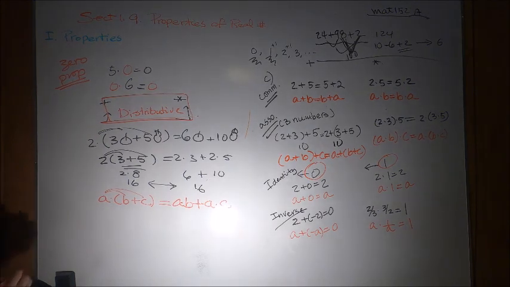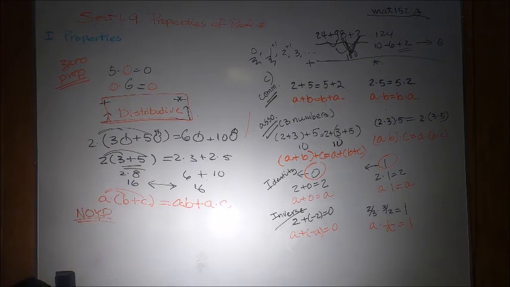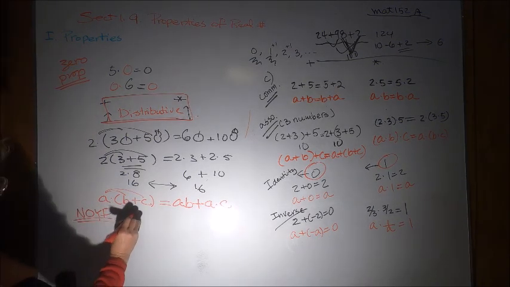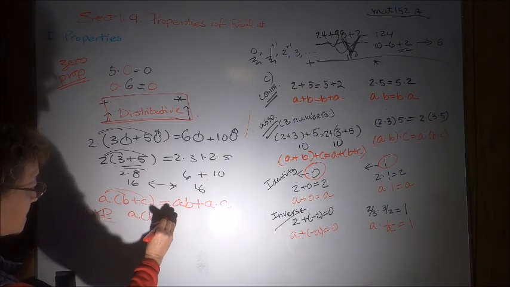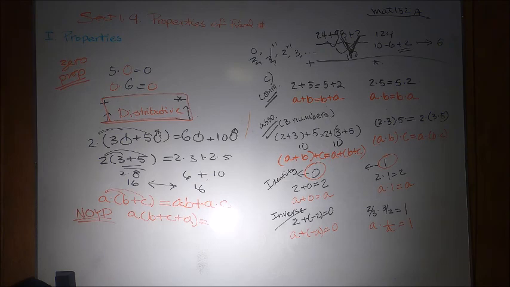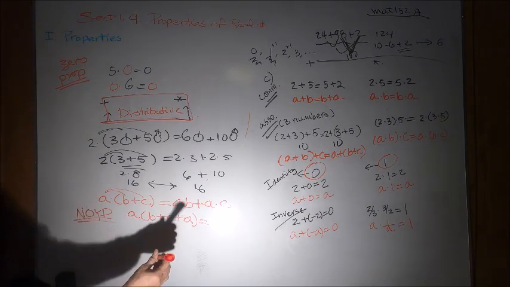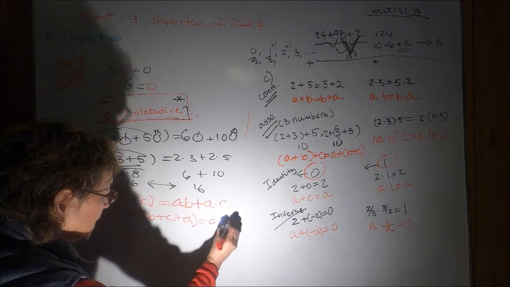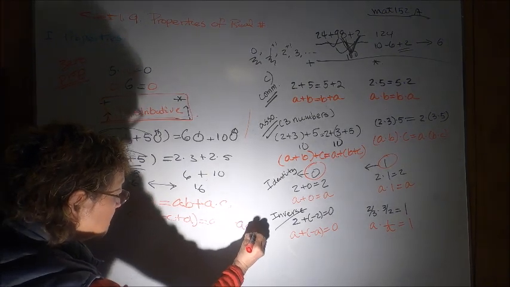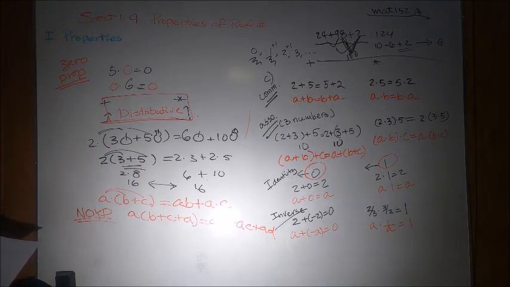Also, those are not on your paper. If I have A times B plus C plus D, what do you think that should be? A should apply to everybody, so you should have AB plus AC plus AD.